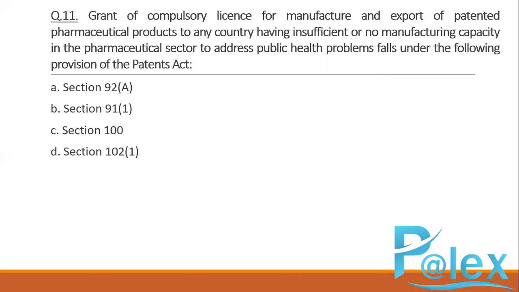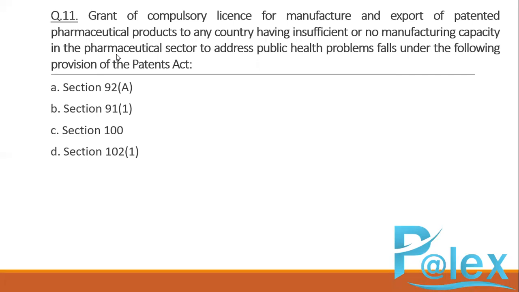Now, grant of compulsory license for manufacture and export of patented pharmaceutical products to any country having insufficient or no manufacturing capability in the pharma sector to address the public health problems falls under the following provision of the Patent Act.